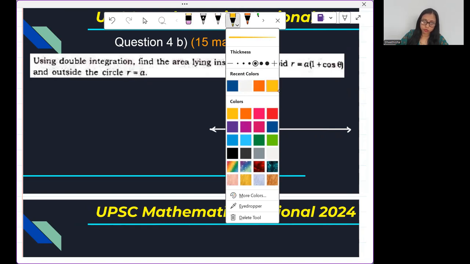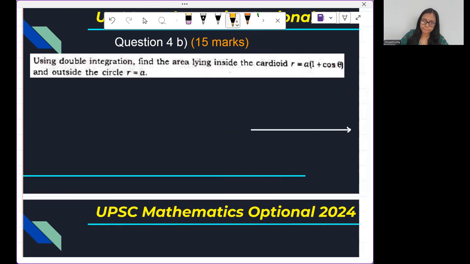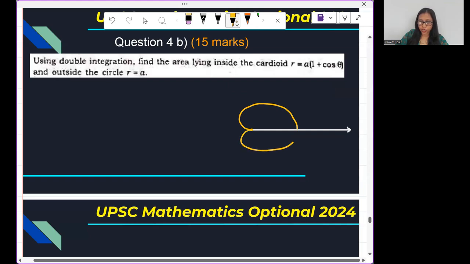We don't have Y. In fact, we just have the initial line, right? It's in polar coordinates, so we just have the initial line. And this is the pole. So the cardioid looks something like this. It's not pointed, it's a curved surface here. And then we have a circle. Circle r = a would be this circle.